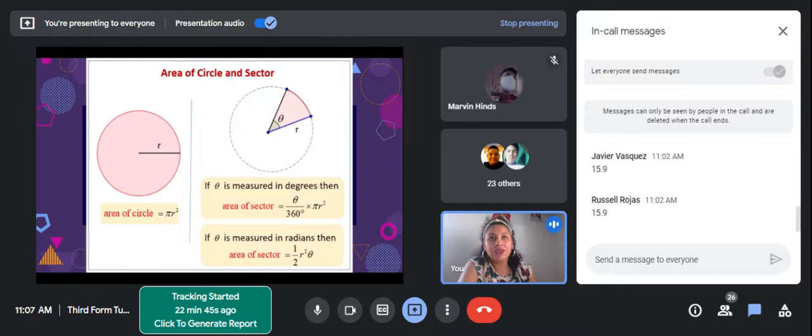If we take into account the area of a circle, we know that the formula is pi r squared, the area of the entire circle. But in this case, I just want the area of one piece of the circle. For example, if I tell you to find half of a circle, let's say that the entire circle values 60, and I tell you to find half of 60.